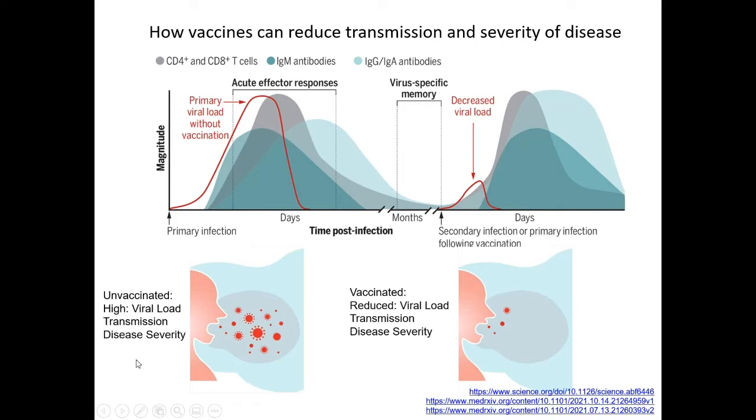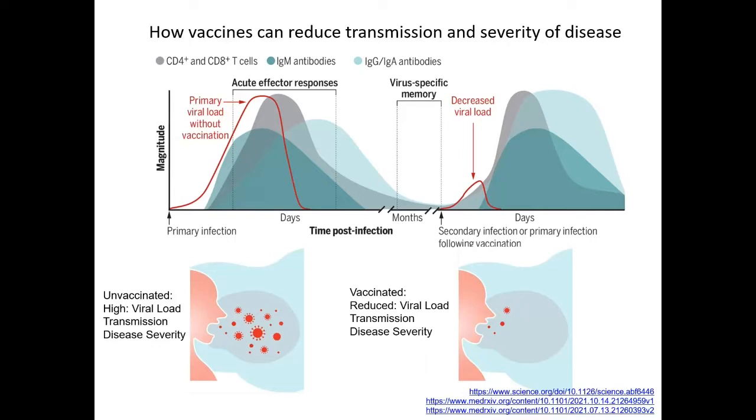It's only subsequently that you start making an appropriate immune response, which is why we often get sick before we get better. So at a high viral load, you can transmit the disease, and you've also got an increase in severity, increasing illness.